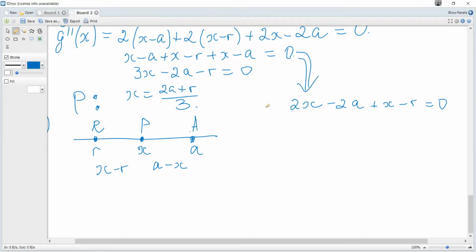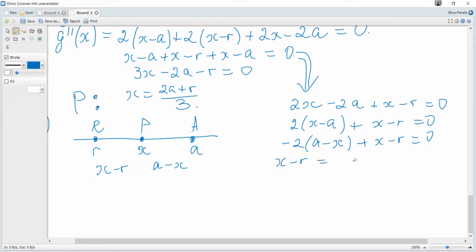It's directly from this. Why do we do this? Because if we factor out 2, we get x minus a plus x minus r is 0, and it's negative 2a minus x plus x minus r is 0, hence x minus r is 2(a minus x). So what does this question describe, the horizontal position of point P relative to horizontal positions of points R and A? We can see the distance x minus r is the distance between R and P, so the distance between R and P is twice the distance between P and A.